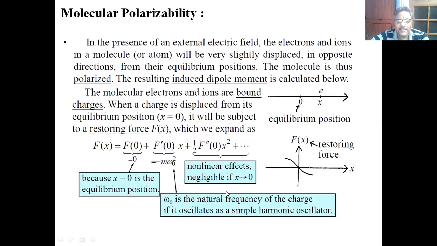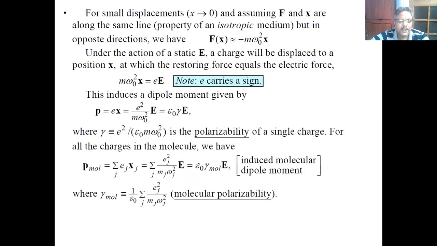The third one is the nonlinear effects, which are obviously small in magnitude. For the small displacement, that is x tending to zero, and assuming F and x are along the same line but in opposite directions, we have F_x equal to minus m omega 0 square x.